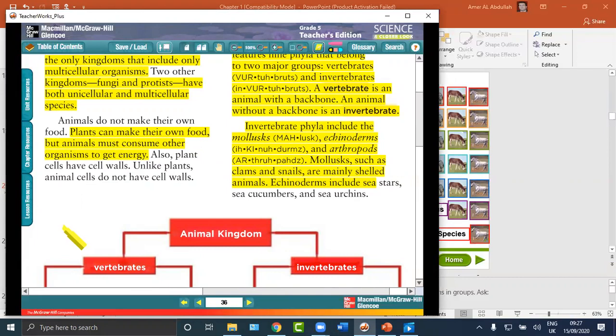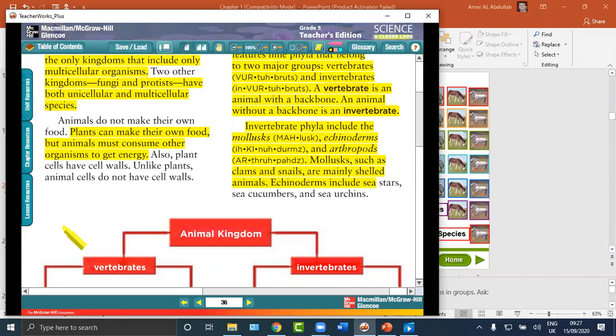Unlike plants, animal cells do not have cell walls. Okay, thank you. Here we have to distinguish between plants and animals. Plants make their own food by themselves, but animals can't. They depend on other organisms to get energy, like the cow, for example.